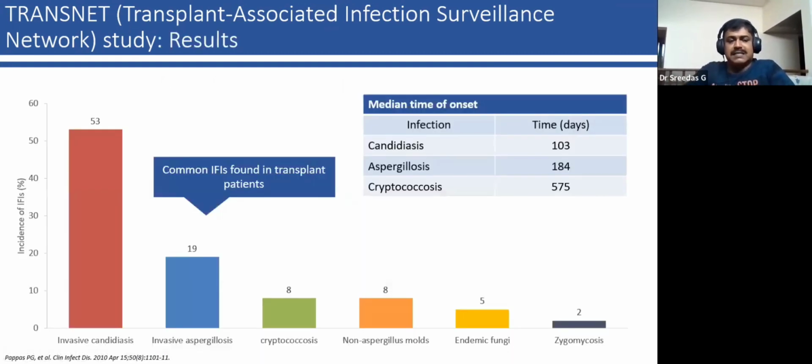And when we see the study focused on invasive fungal infections, more than 50% are due to invasive candidiasis, around 20% by aspergillus, and then cryptococcus, which comes to around 10%. Also, the time of onset of infection is important, as demonstrated earlier in the timeline. Candida comes first, followed by aspergillus, and then cryptococcus.